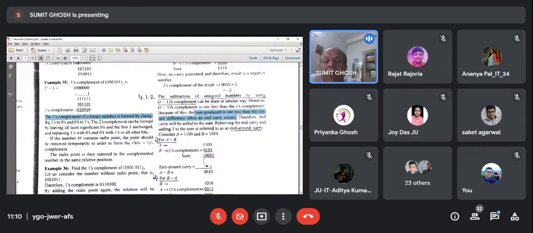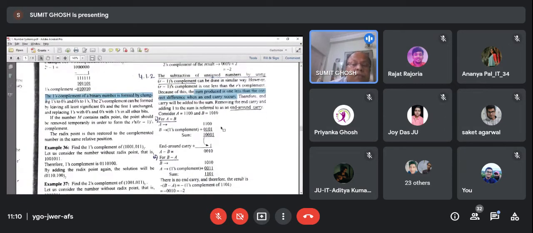Therefore, the end carry will be added to the sum. Is it clear? Now we are dealing with 1's complement. So when we have got 1's complement, we have got something which is less by 1. So we have to add this end-around carry.